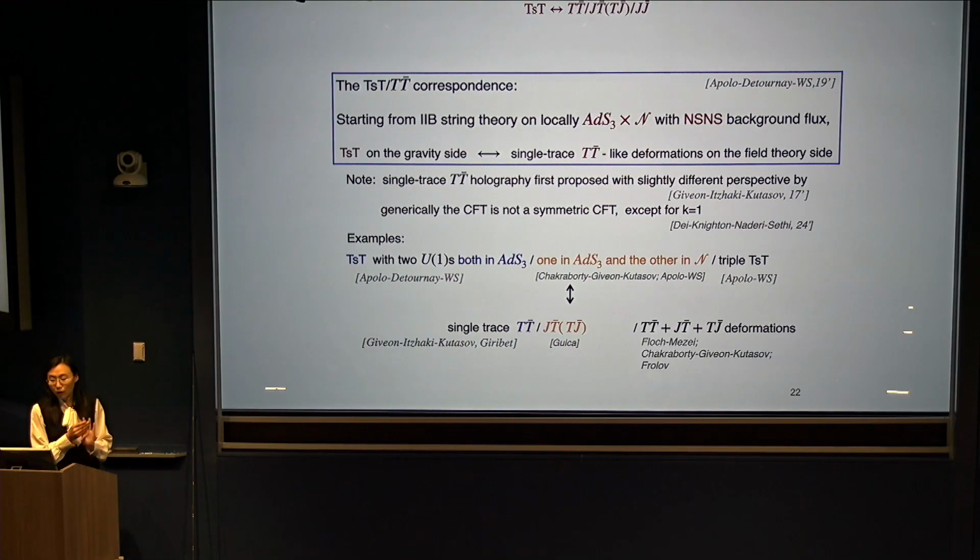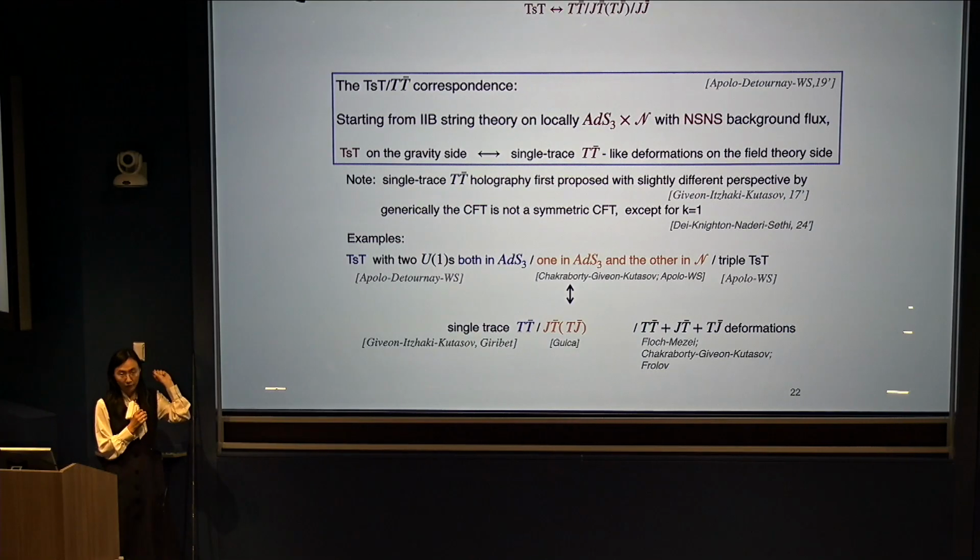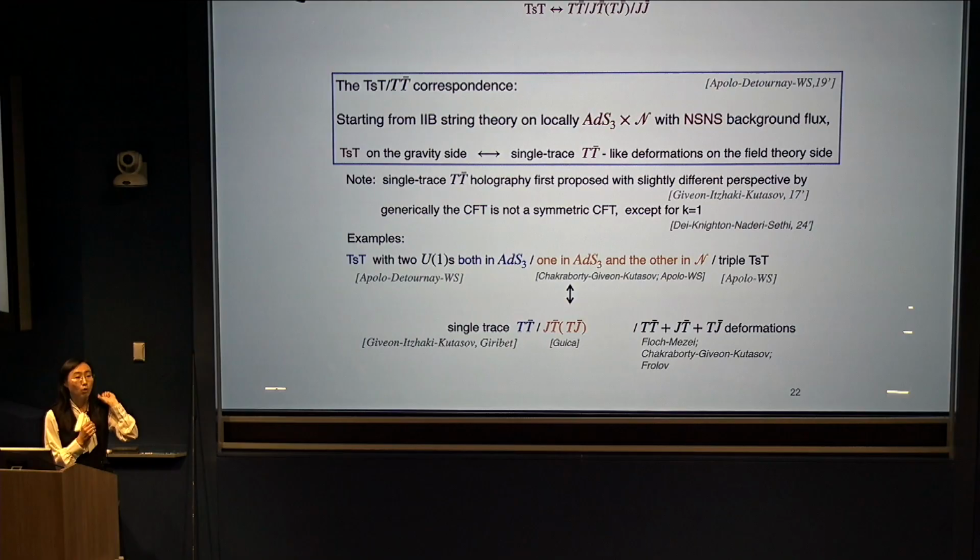I also want to mention that this observation of the background that I gave you, this linear dilaton background and this single trace TTbar deformation, was first proposed by Kutasov and collaborators. But there are lots of similarities between their proposal and what I'm describing now, but also some differences. One thing is that in their proposal, there is no additional parameter lambda.